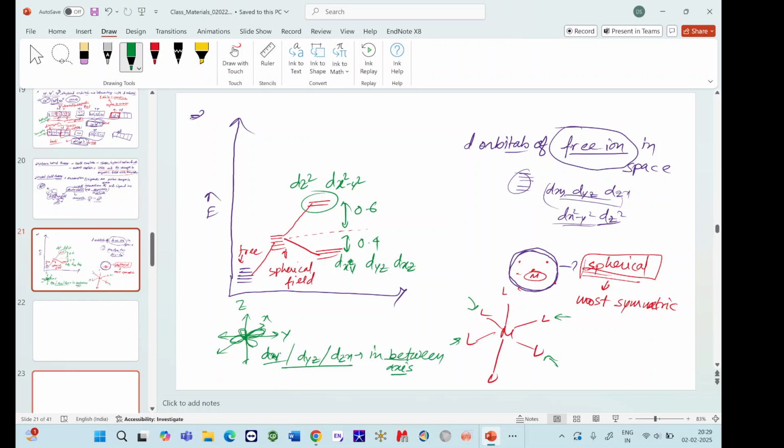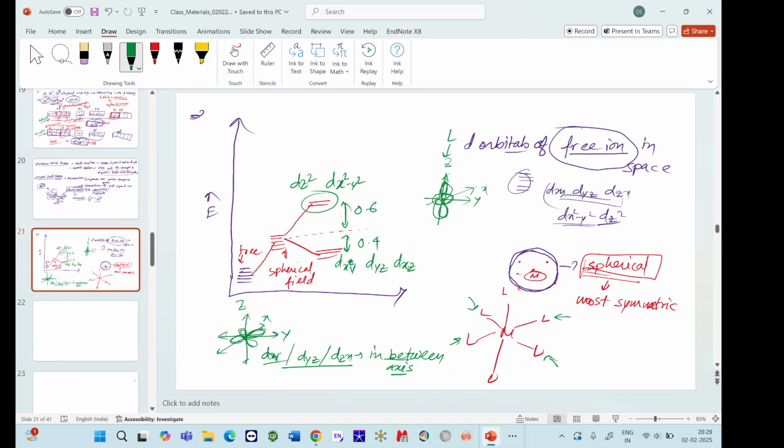But for dz square and dx square minus y square, dz square is like this. Suppose this is the z axis, this is y, and this is x. So the z orbital looks like this. It is along the z axis. If a ligand is facing this way, it will experience much more repulsion from the electron cloud of the d orbital of the metal.